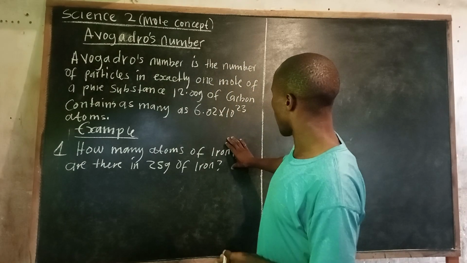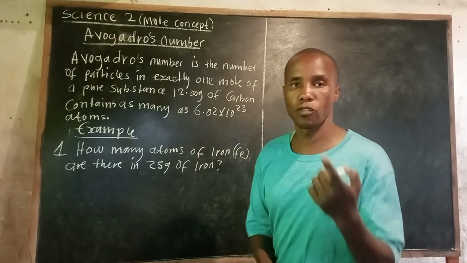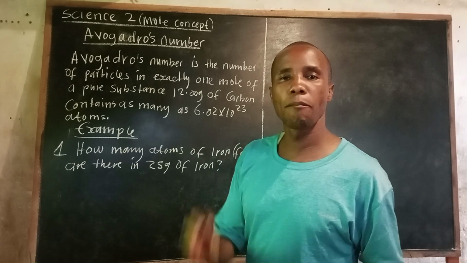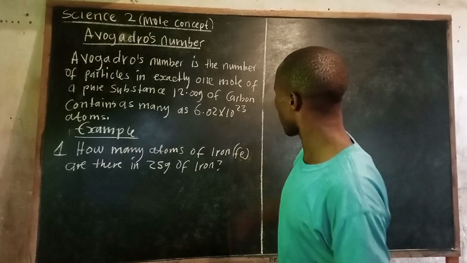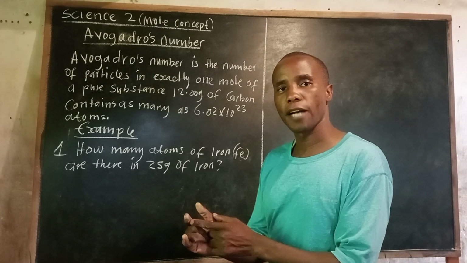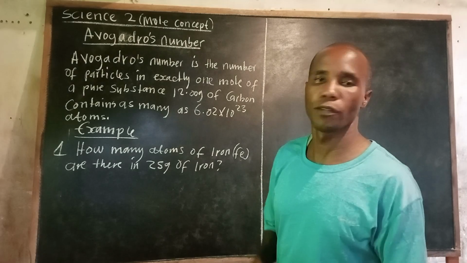Going back to the periodic table, the mass number for iron is 56. That is the relative atomic mass of iron as an element on the periodic table.